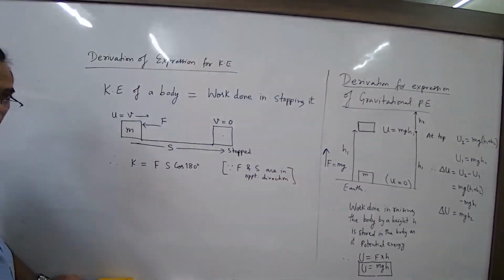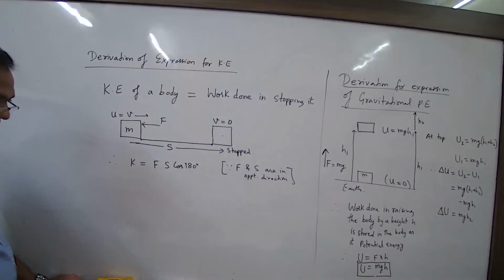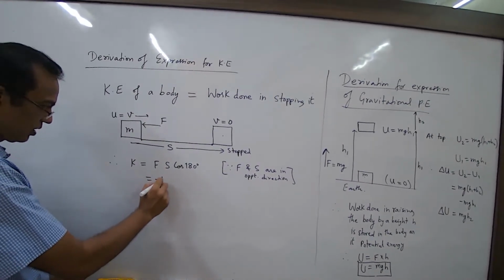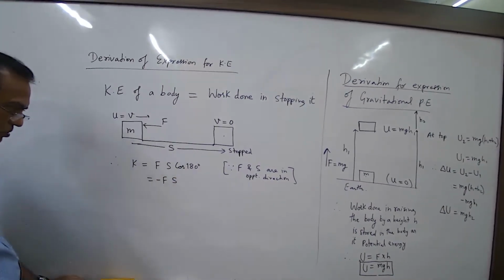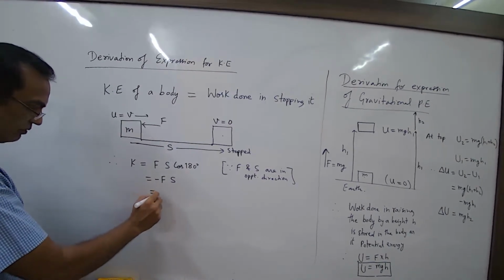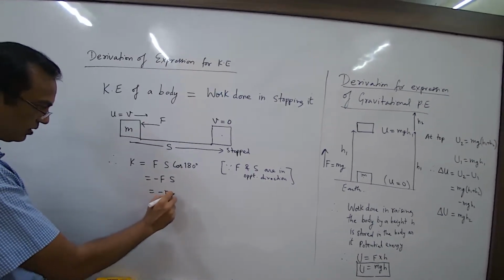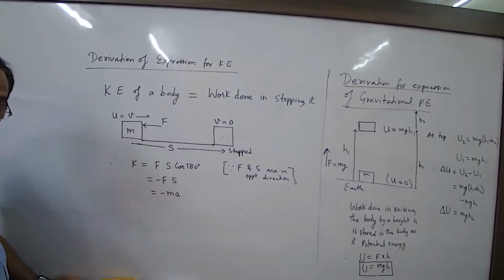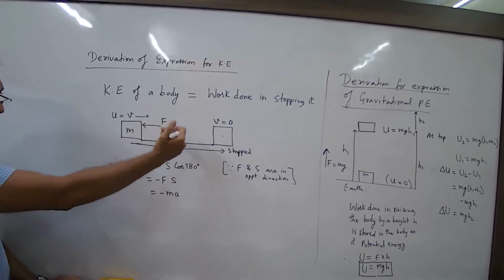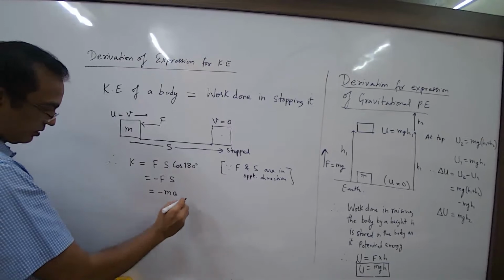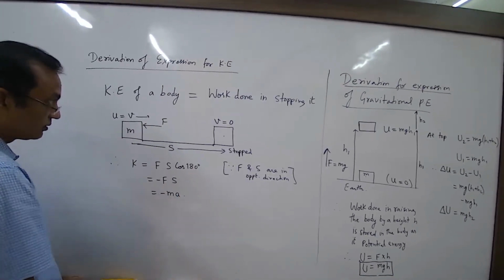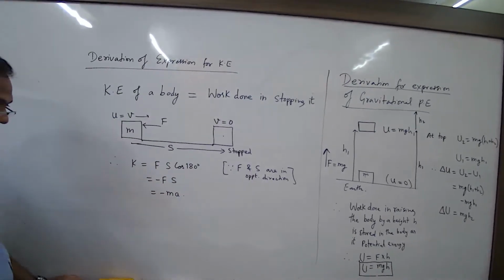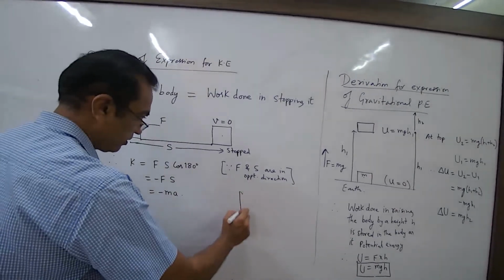Now what is cos 180? Minus 1. So this is minus Fs. Now what is F? Mass into acceleration, whatever acceleration in the opposite direction. Then what is s? This is how I will calculate it.